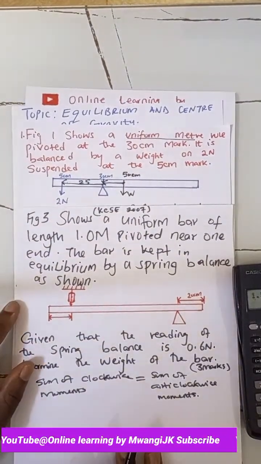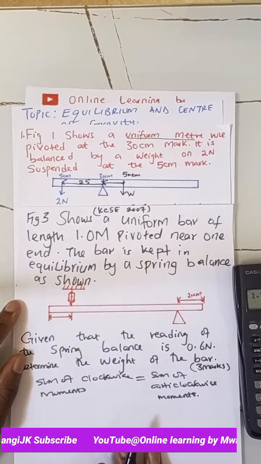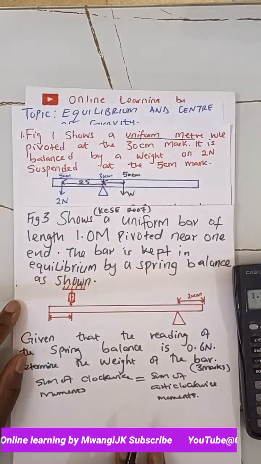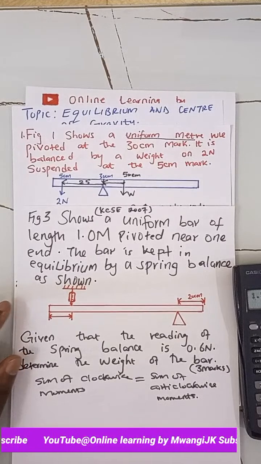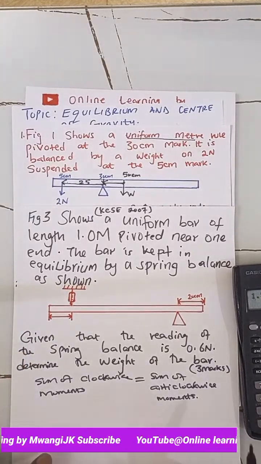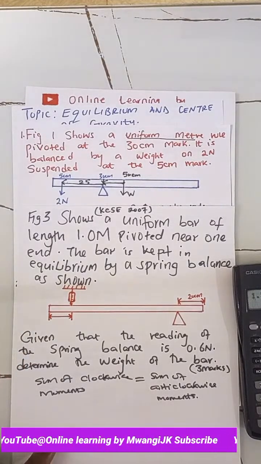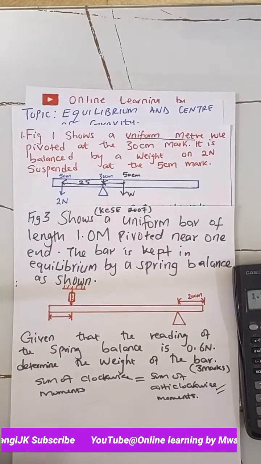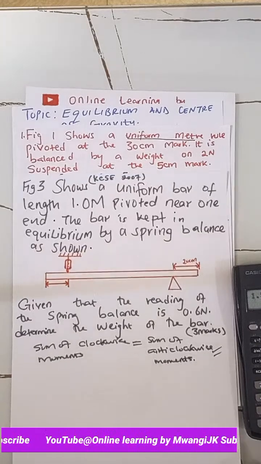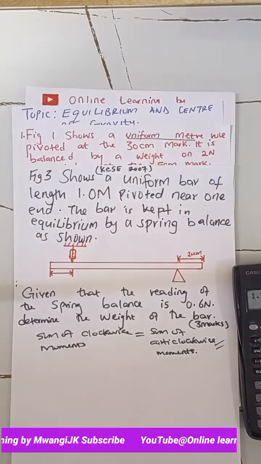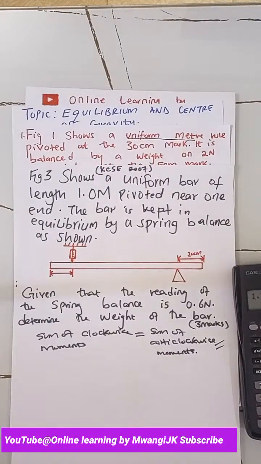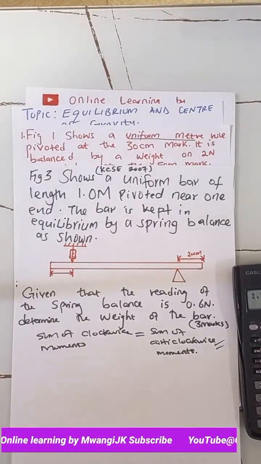That is our point to take, and that should be the formula we consider: the sum of clockwise moments is equal to the sum of anticlockwise moments. So then we need to identify which are clockwise moments and which are anticlockwise moments in this case.